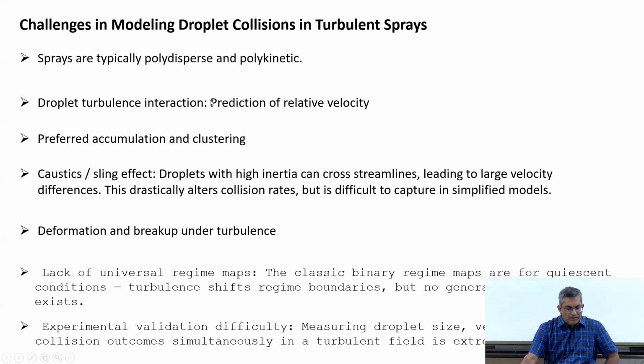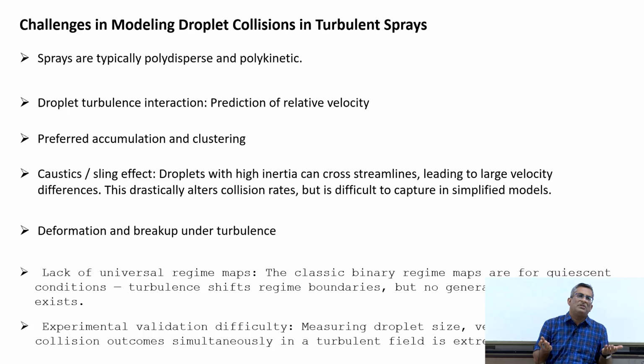Then droplet-turbulence interaction, so prediction of relative velocity. This relative velocity between particles is quite challenging in a turbulent spray, because it is affected by the turbulence present in the gas flow itself.